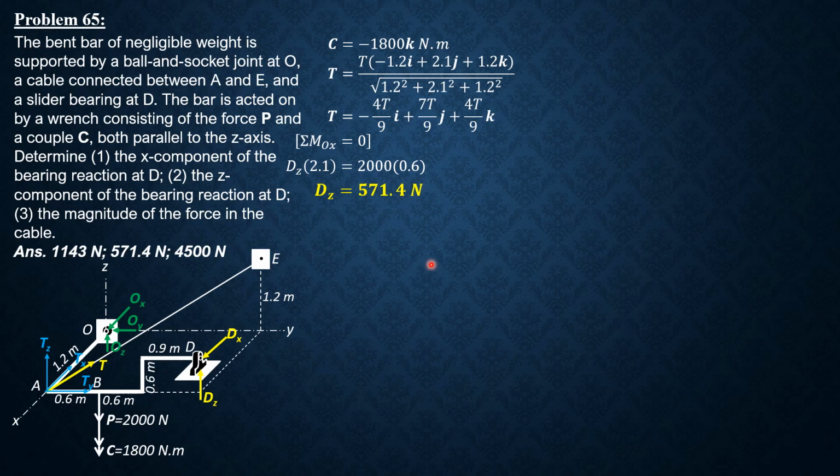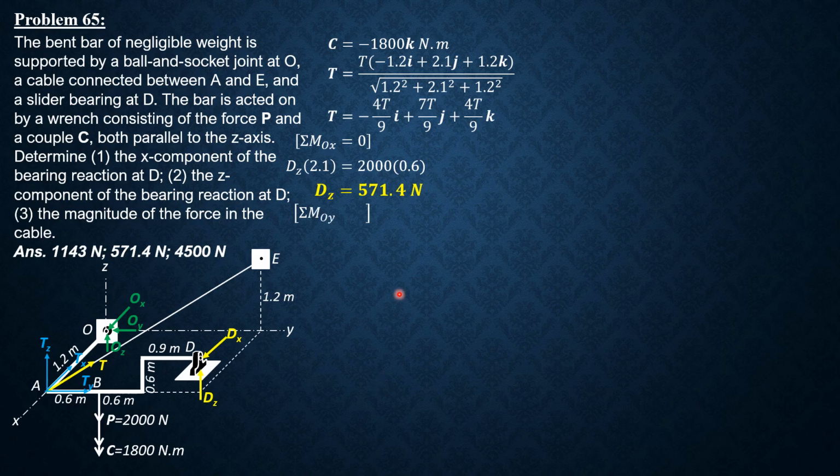Then, knowing dz, we can sum up moment about OZ, but there are two equations, two unknowns involved, dx and the component of tension, which we do not know yet.